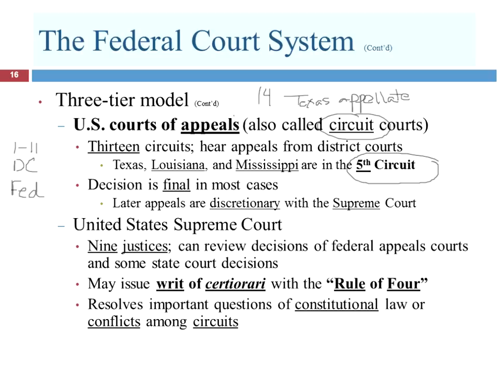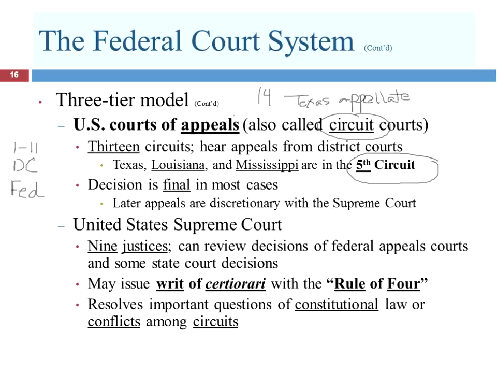Just as in the state system, in the federal system, the loser in the trial court gets an automatic right of appeal. If the litigant has filed the right paperwork by the deadline and paid the right fees, he or she has an automatic right to appeal to the circuit court that applies to his or her particular state.